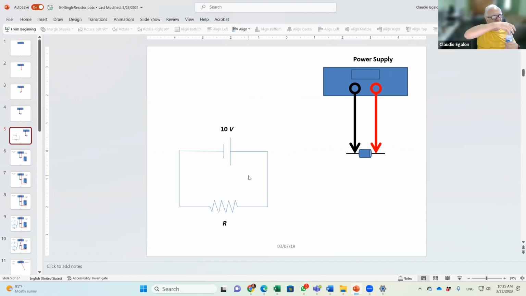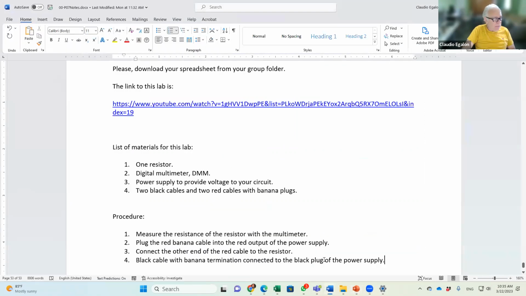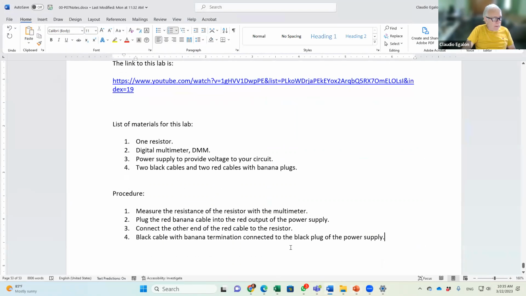The power supply is set at 10 volts. I have to write that down. Okay, and procedure. I didn't measure the resistance with the multimeter.